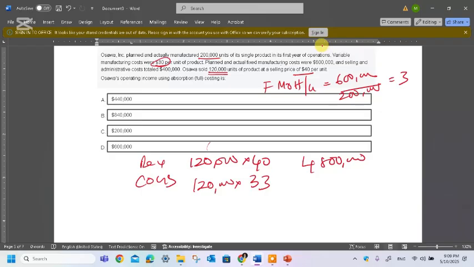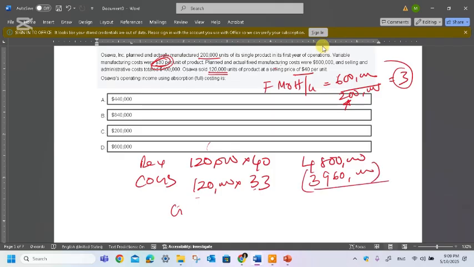Hope you understand how I got 33. 30 is this. 3 comes from here, the fixed manufacturing cost. You might be confused: should I divide the overhead by manufactured units or sold units? Manufactured units, because it's a manufacturing cost. You get 3. So 33 into this, 3.96 million.